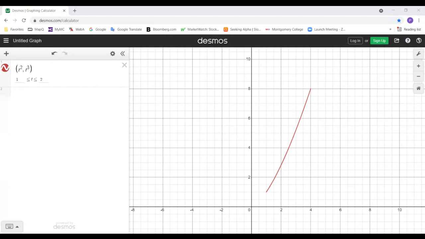It's not a bad idea to graph the arc, because then we can get an idea of what a reasonable answer is for its length. Notice the arc starts at (1, 1) and goes to (4, 8) as expected.